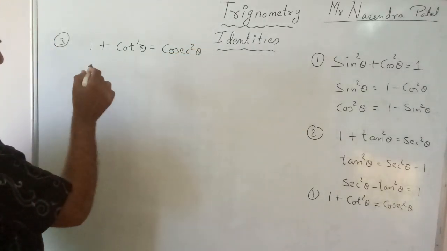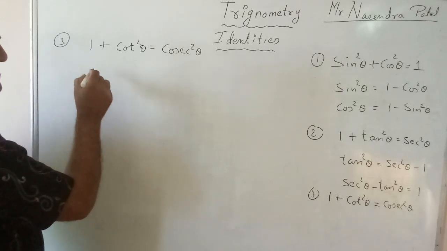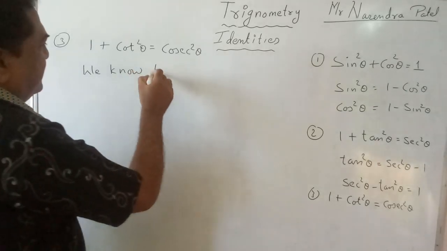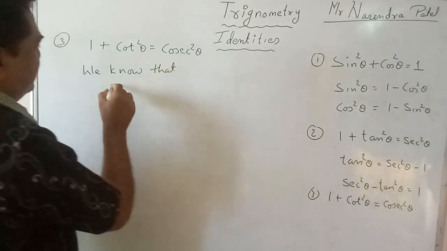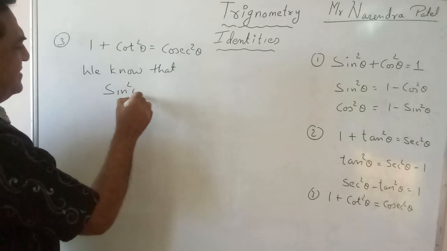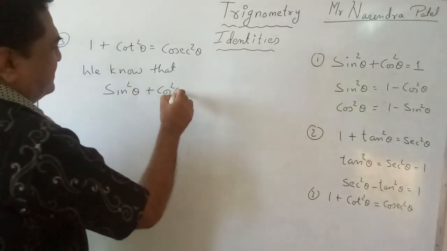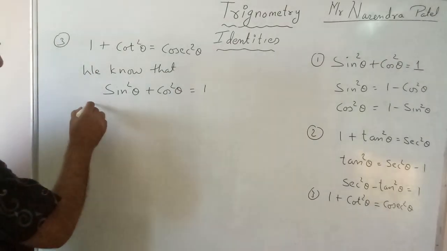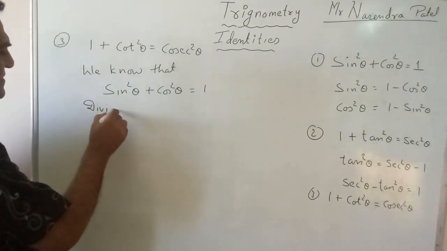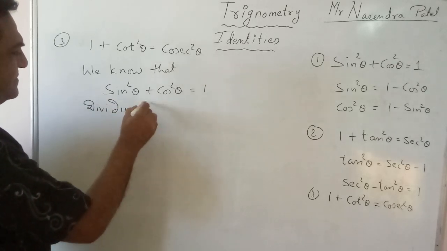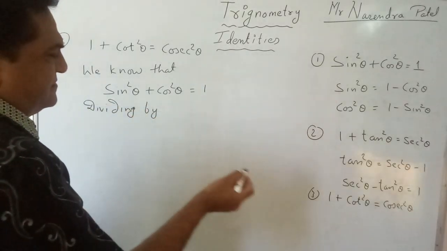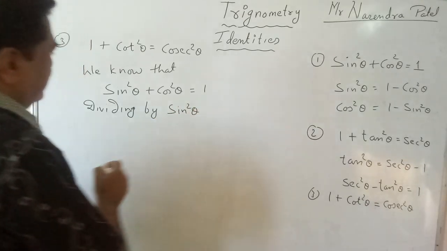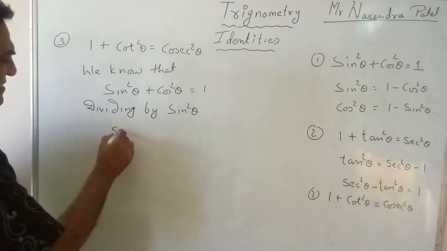Now see, we know the first identity, sin square theta plus cos square theta is equal to 1. Now dividing by sin square theta. So let me divide it by sin square theta.